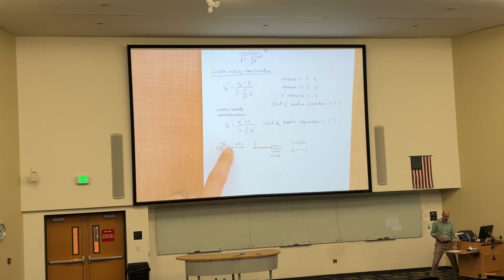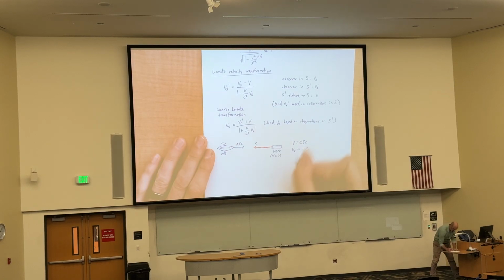So they should see c in the end. And that's what we're looking for. We're looking for Vx prime. So this is the speed of the laser beam measured on the spaceship.